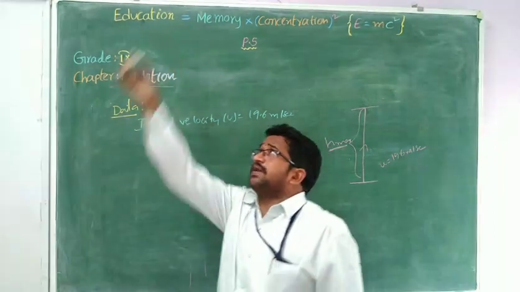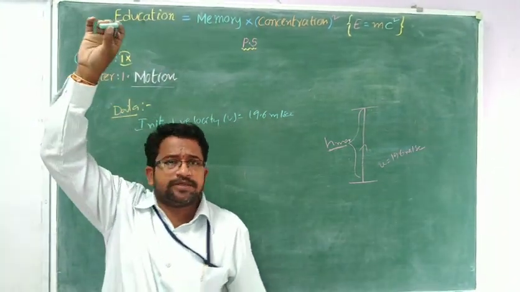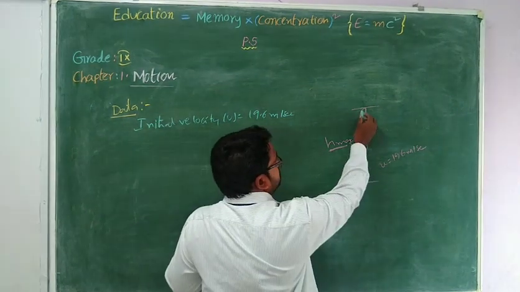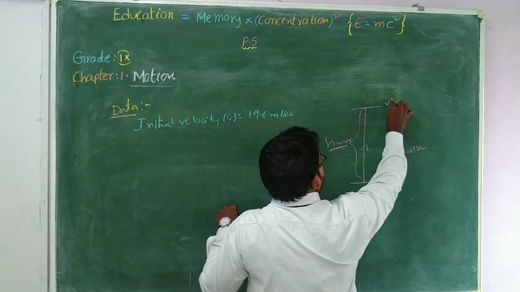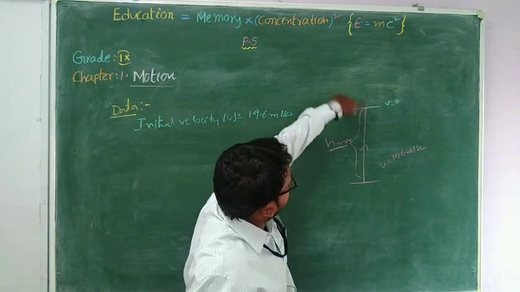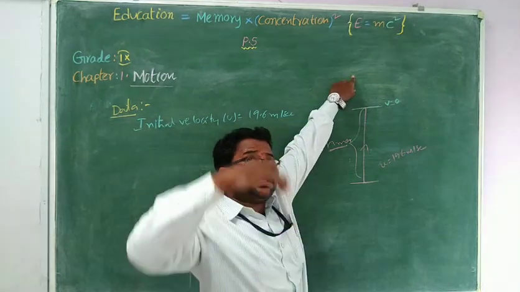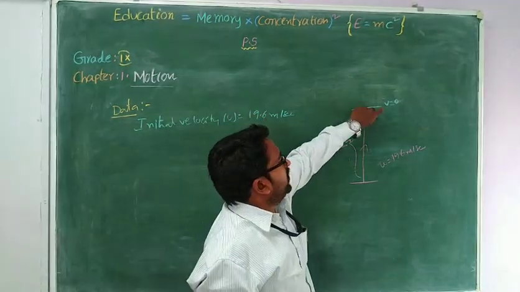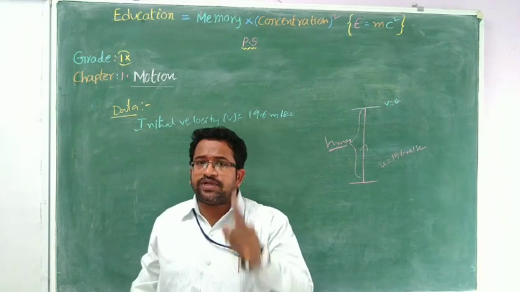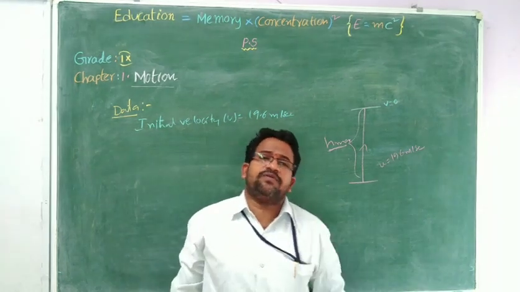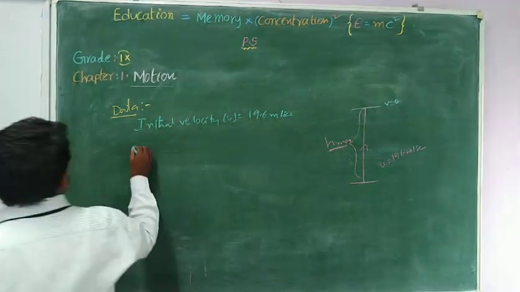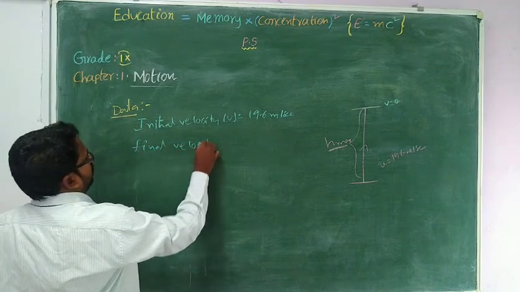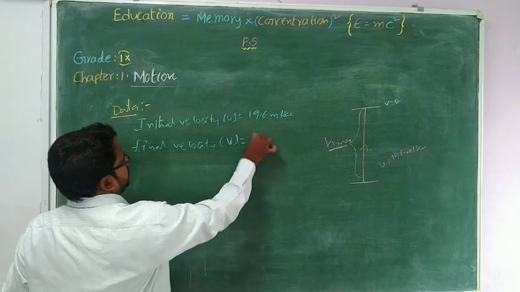When an object reaches the maximum height, its velocity becomes 0. Yes or no? If I project an object like this, when it reaches the maximum height, its velocity becomes 0. So final velocity v is 0. Don't forget that.